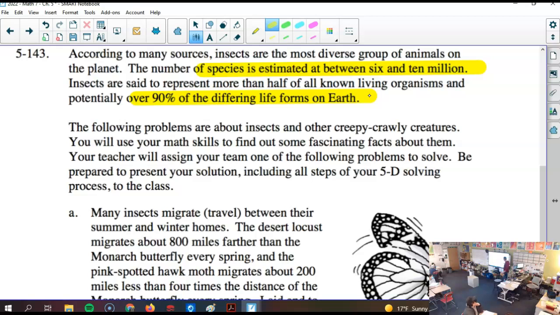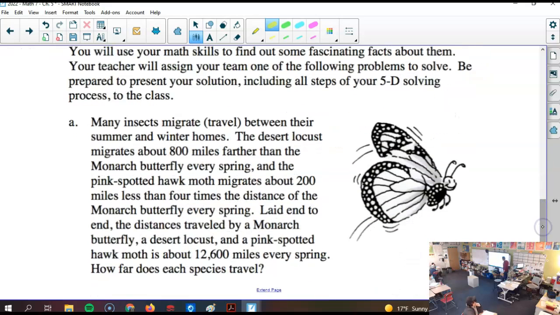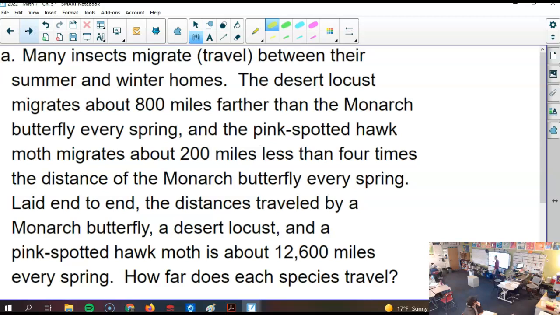So now we've got some problems about bugs. I don't like how small this is, and the picture beside it's cute, but I'm going to go here so it's bigger and I can highlight it, right? So go ahead and read this on your own, and then I'm going to start asking what we should highlight.